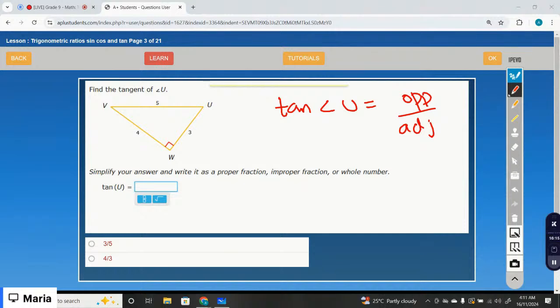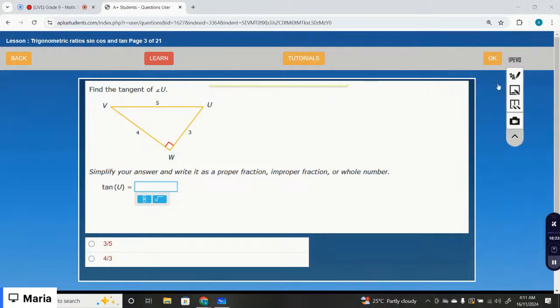The correct option is 4 over 3. Option number 2 is the correct option.